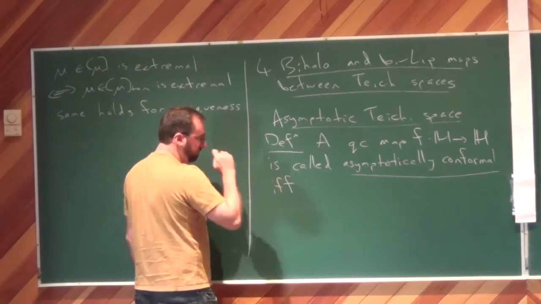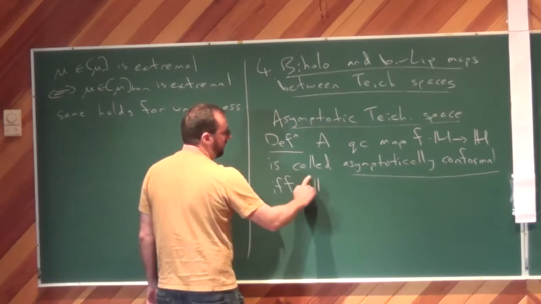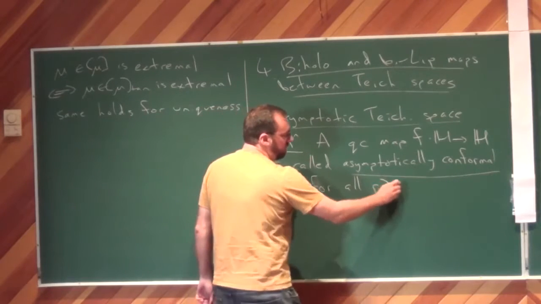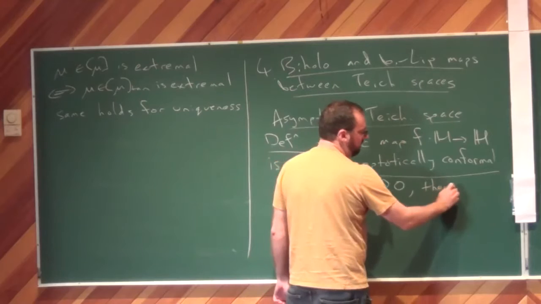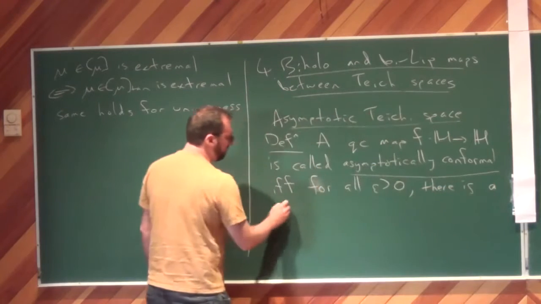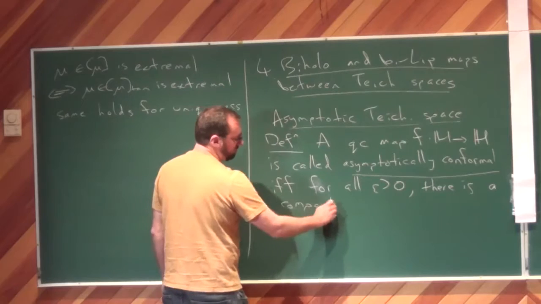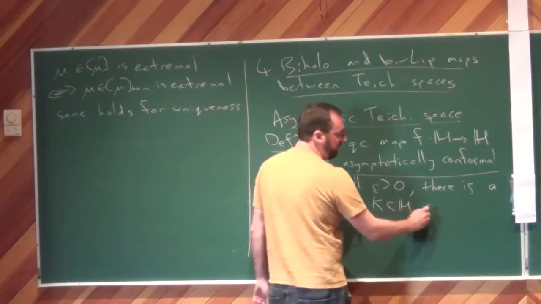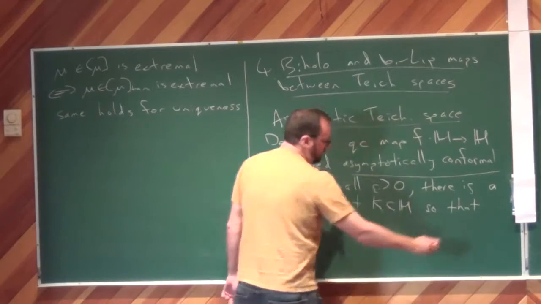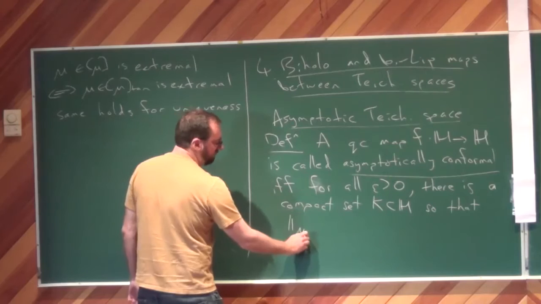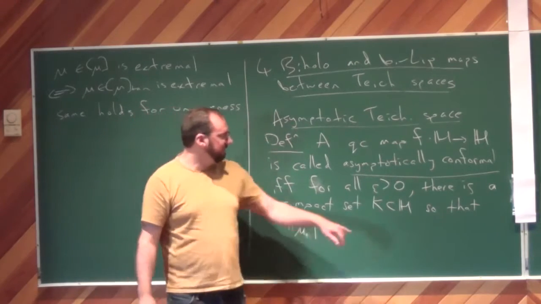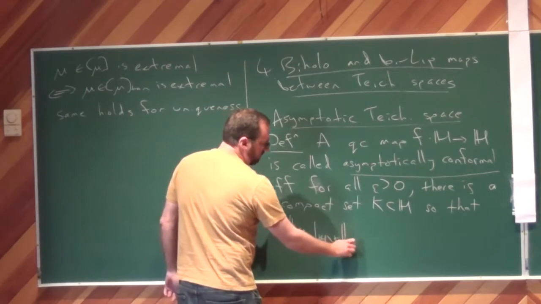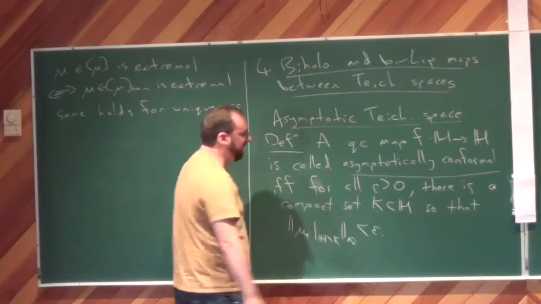if and only if for all epsilon greater than 0 there is a compact set K in the upper half plane, so that if you look at the complex dilatation of f and you restrict it to values outside this compact set, then that is less than epsilon.